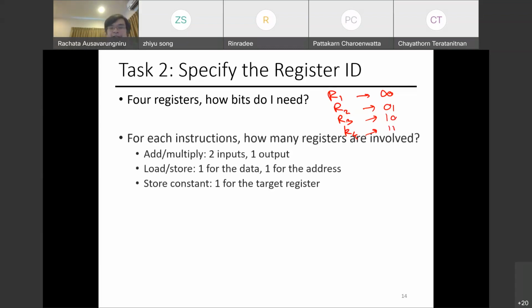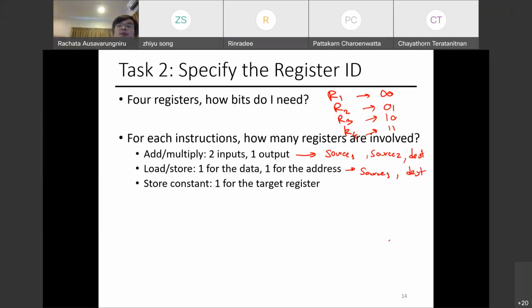And now for each instruction, how many registers are involved? This one is pretty simple. For add and multiply, I have source 1, source 2, and the destination. The destination is the output, source 1 is input 1, source 2 is input 2. Over here I have source 1 and the destination.